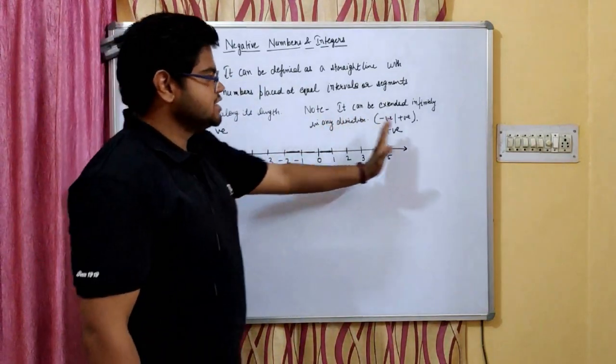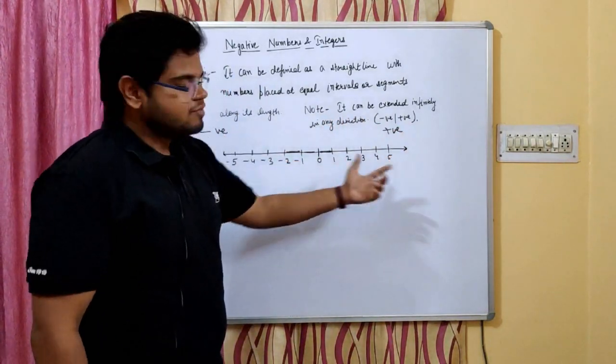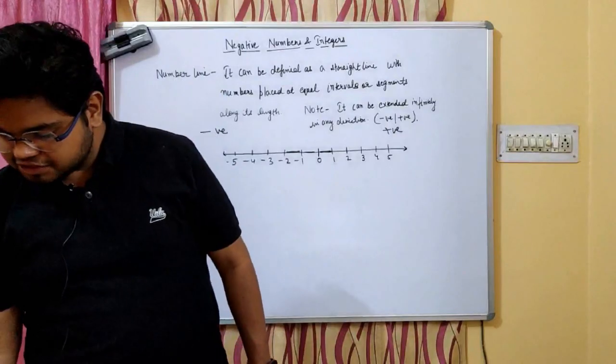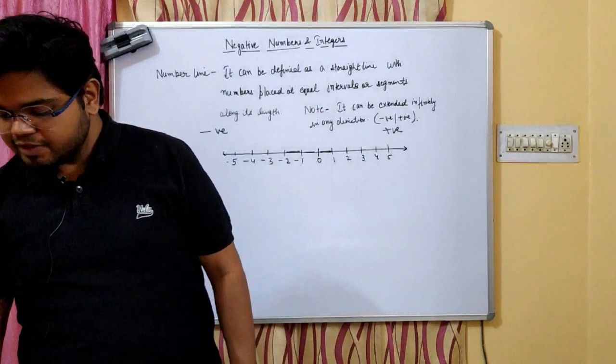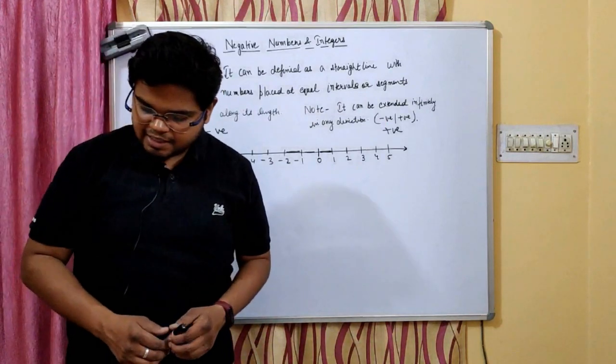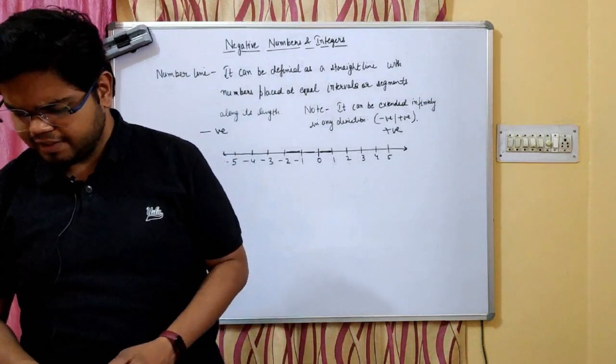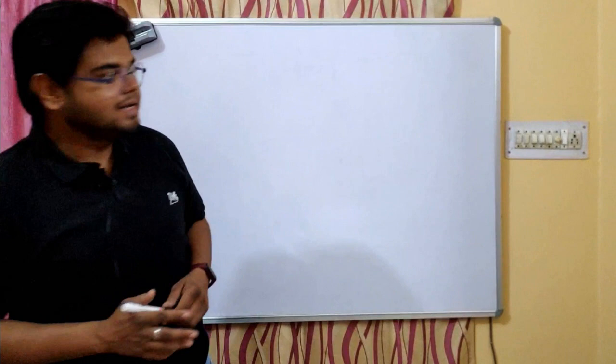If we move towards the right, the numbers are positive, and if we move towards the left, the numbers are negative, children. In this chapter, we will be starting with comparing integers, so we'll start from here. Now, we will be starting with our topic, comparing integers.